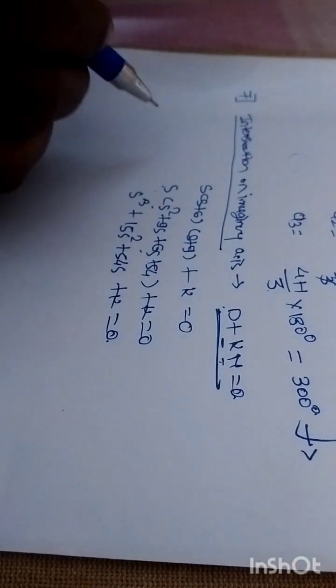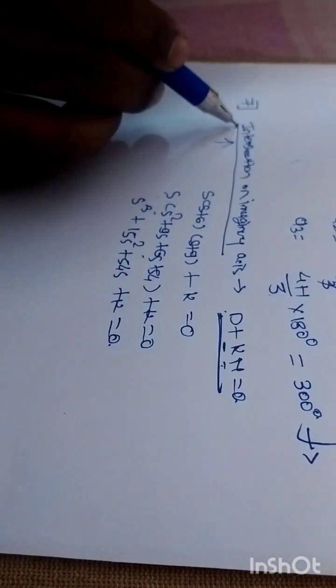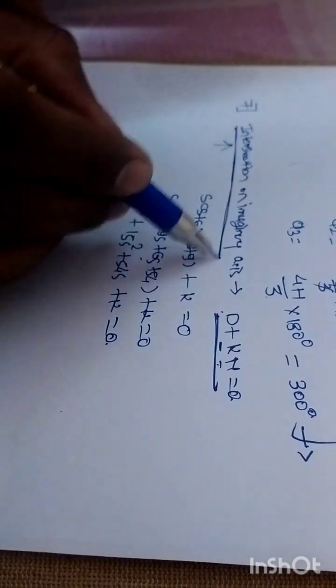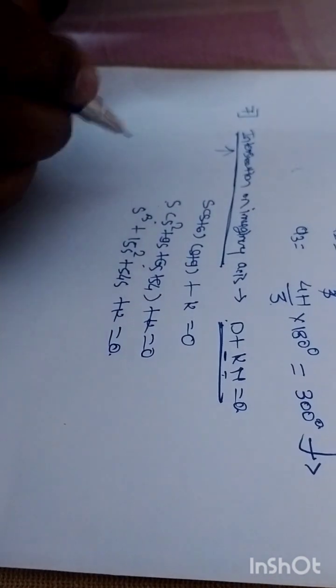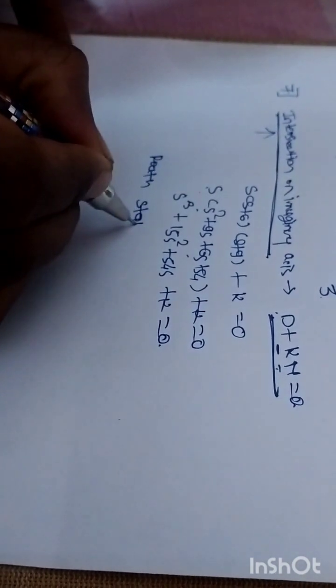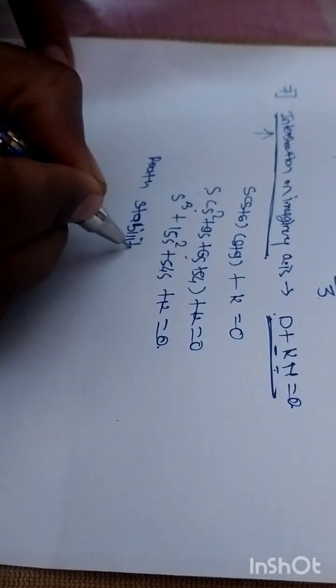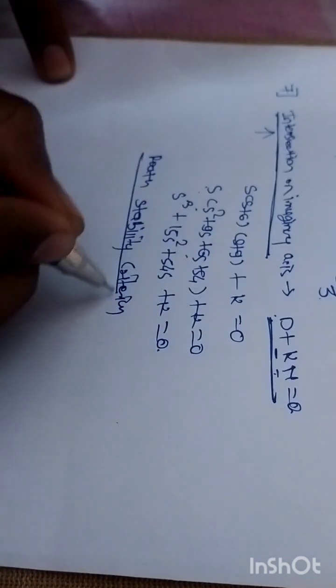Now another important thing with respect to this step: to determine the intersection point on the imaginary axis, we need to use one stability criterion, the Routh stability criterion, which we have already discussed.